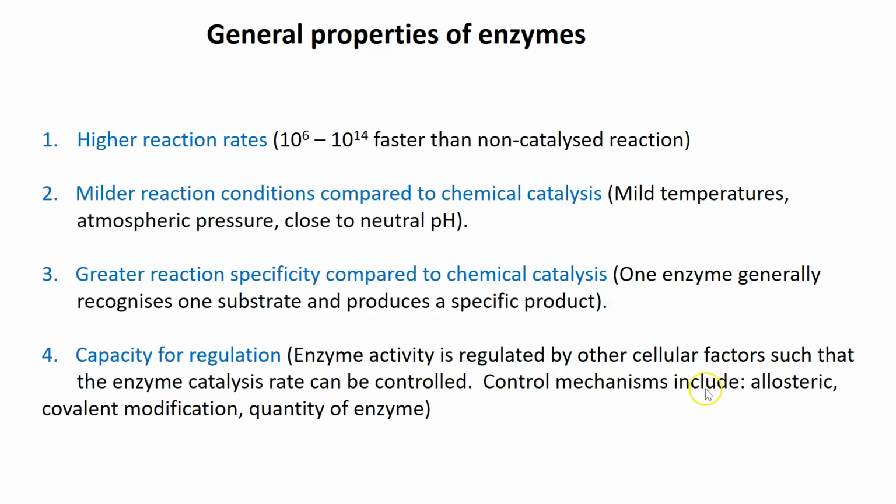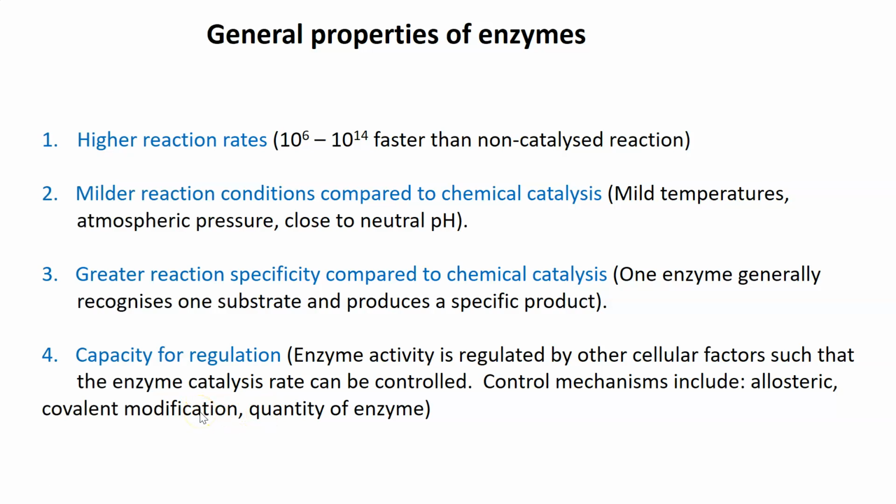One common way is through allostery. Certain molecules are produced in the cell which can bind to the enzyme, sometimes covalently, and by doing that it changes the shape of the enzyme a little bit, and it affects its ability to perform catalysis.